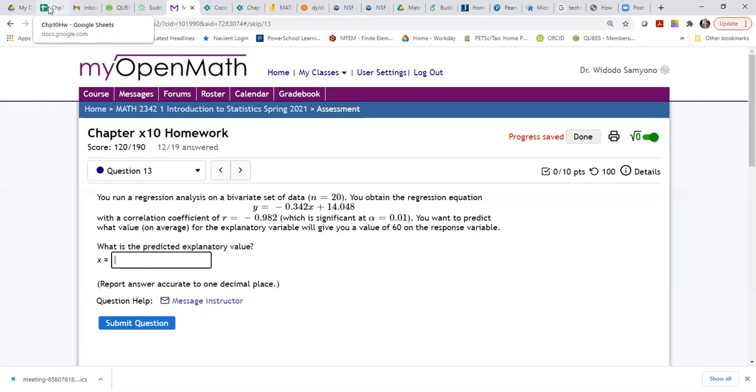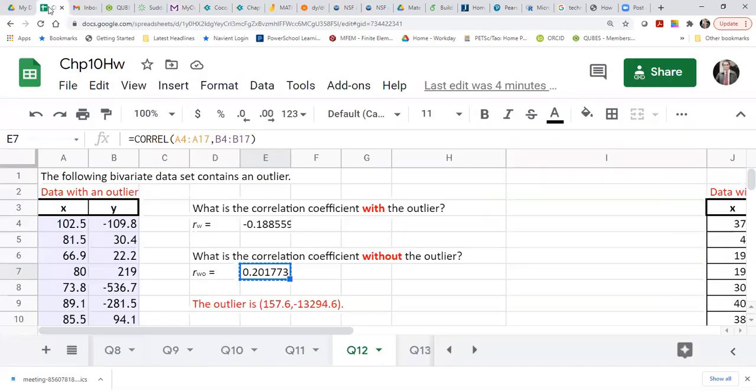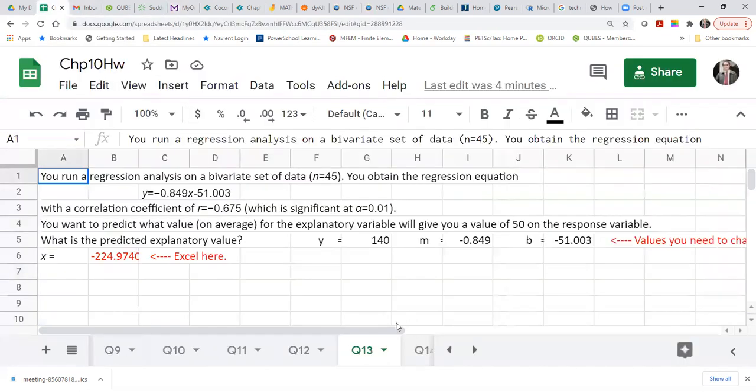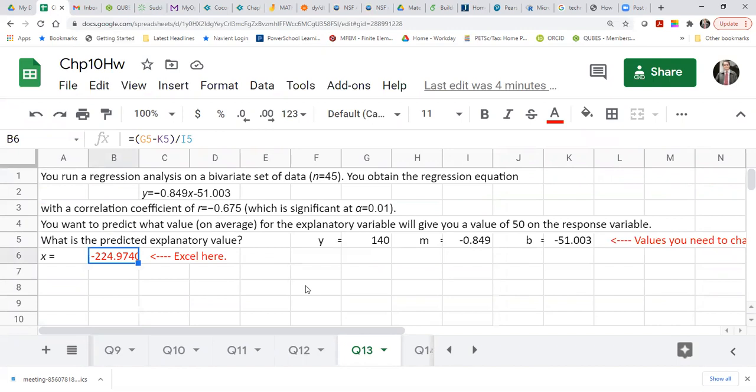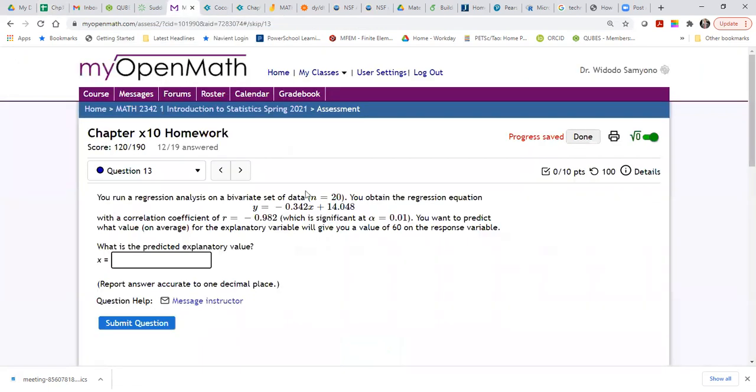Let's see here. Number 13. So I already put the formula here. You just need to change this variable. So in this case, the y is 60, right? 60.